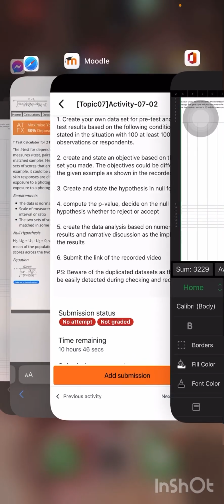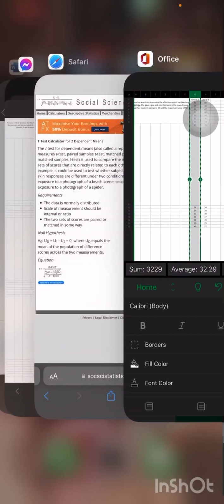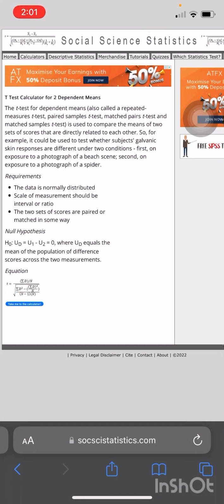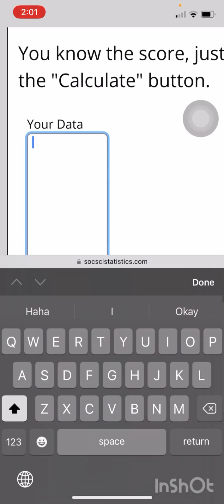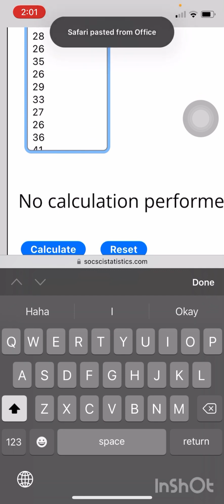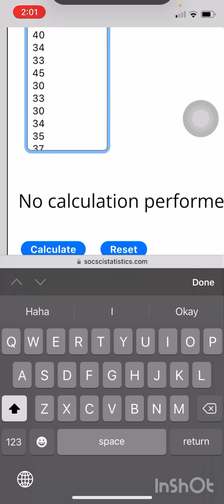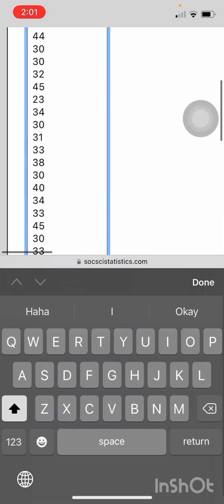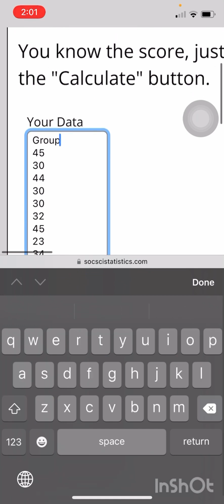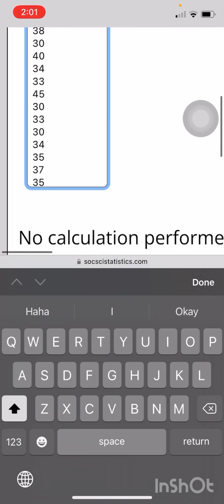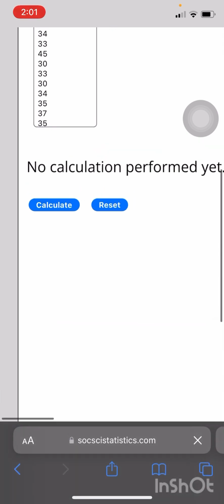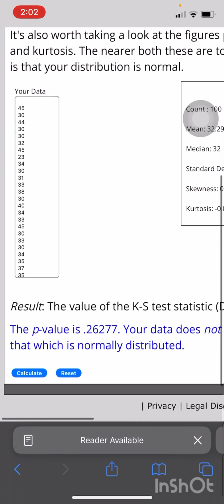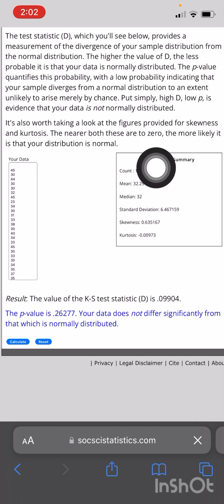We copied, and the first step is to use the Kolmogorov-Smirnov test of normality. Our respondents in group A is 100, and we will calculate the normality.